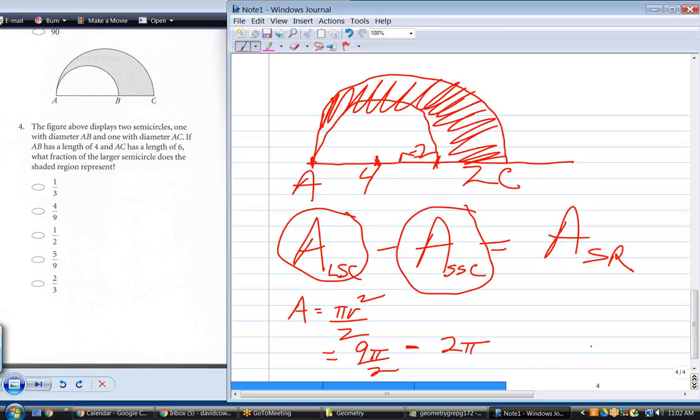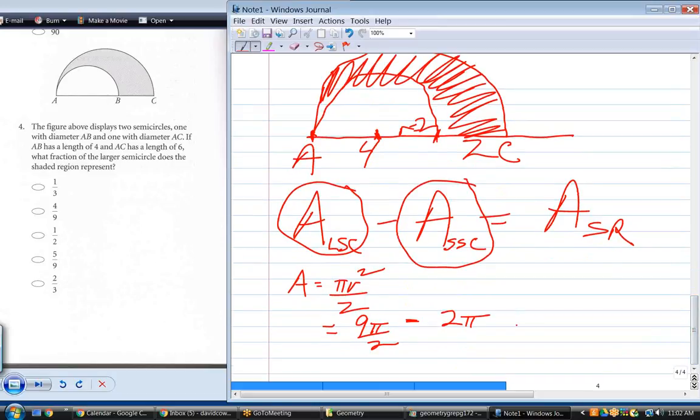So now we know what the area of the shaded region is. What is 9 pi over 2 minus 2 pi? It would be 7 pi over 2. No, find a common denominator. Oh, that's right. So just 2 would be a good one. What does this become if I give it a denominator of 2?